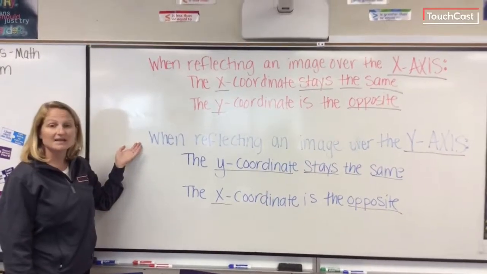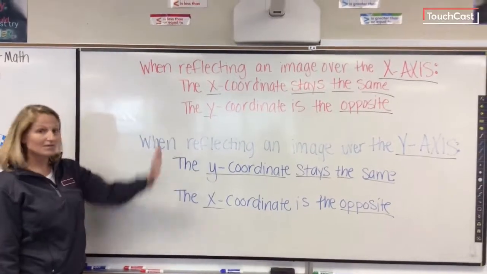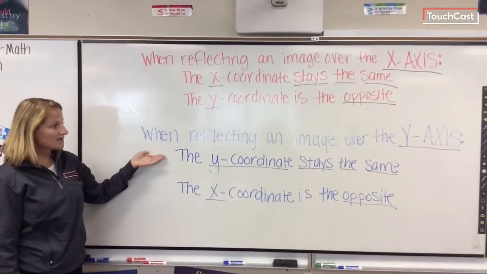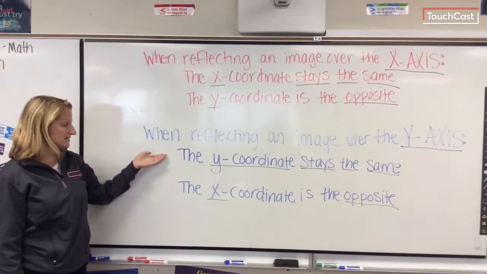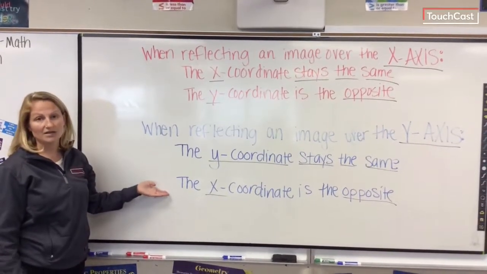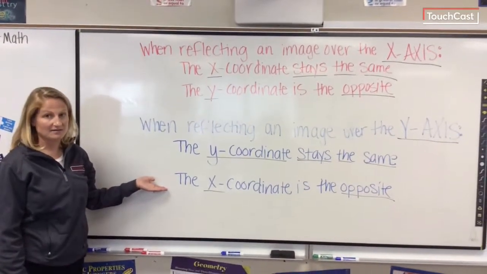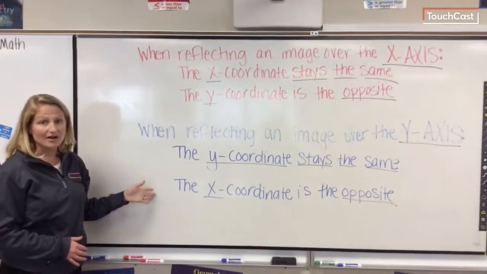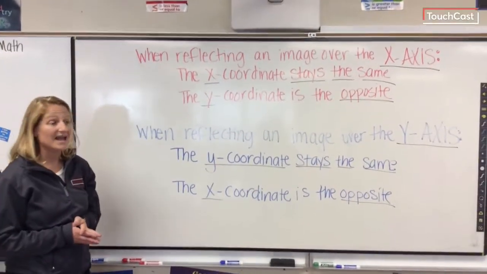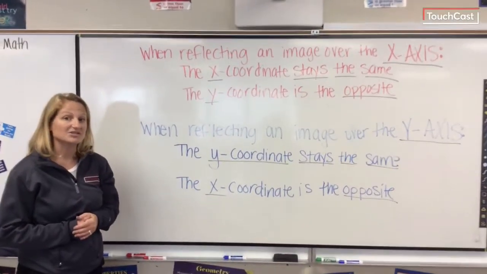If you're reflecting an image over the y-axis, the vertical axis, then your y-coordinate is going to stay the same and your x-coordinate, you're going to take the opposite of that. So make sure you write this down so that you always have it to look back at, and then we'll do a couple examples in just a minute.